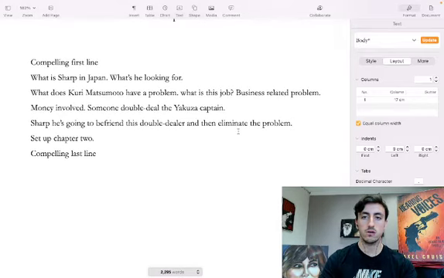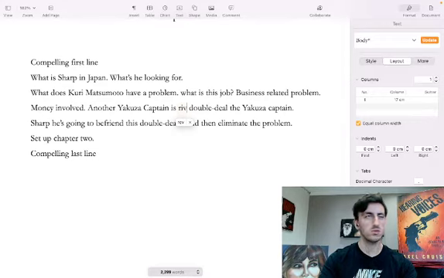Okay, so let's now start filling in these blanks. Instead of someone, maybe it's another Yakuza captain who is rivaling. Basically, they have problems. Maybe Kyori Matsumoto is the eighth captain of the Yakuza, so maybe this is the seventh captain.